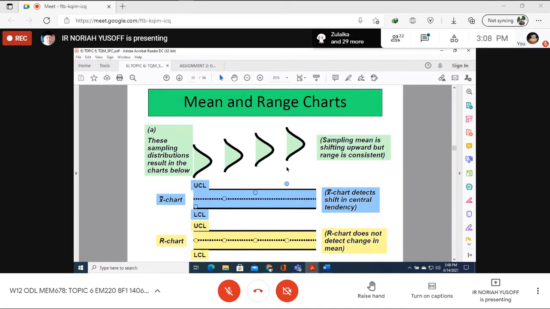You will get 4 as well. But in actual fact, the sample mean has already shifted up. It has already moved upward.